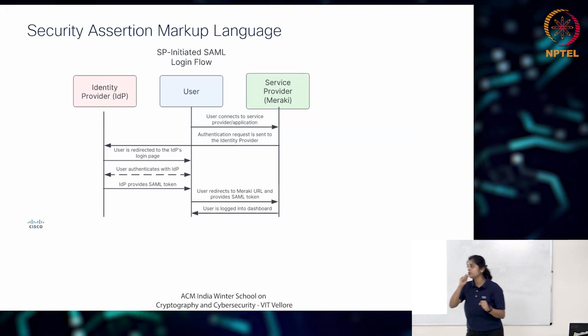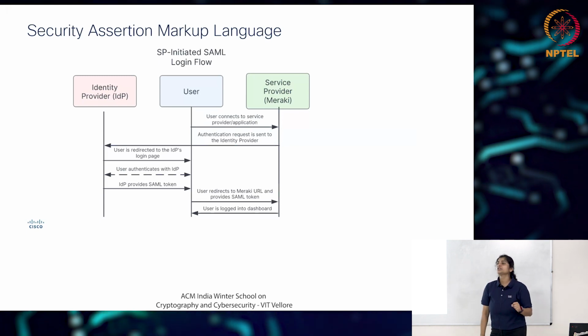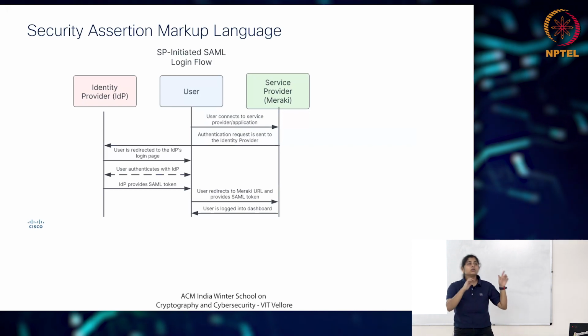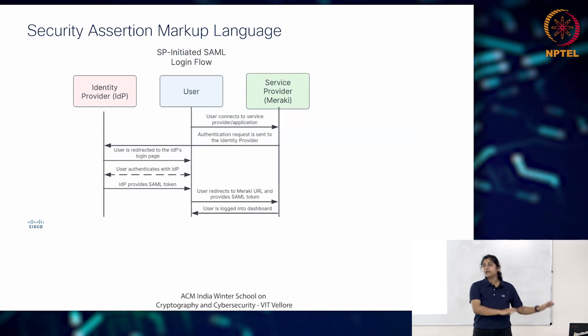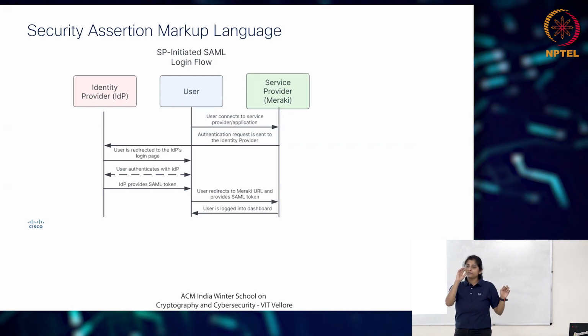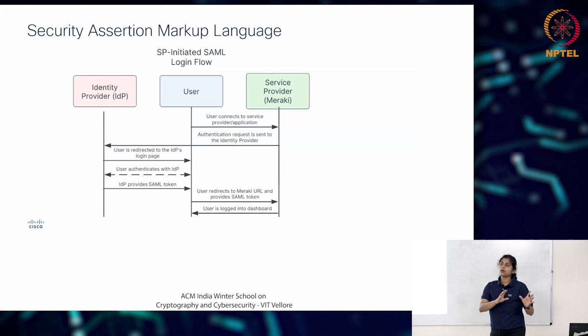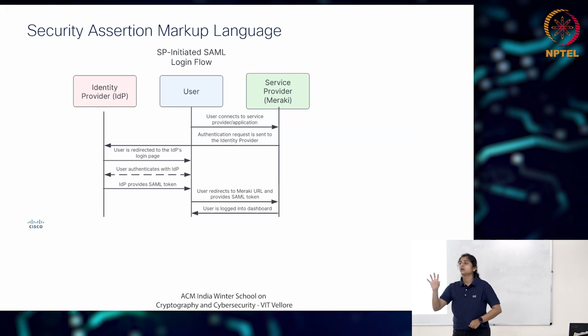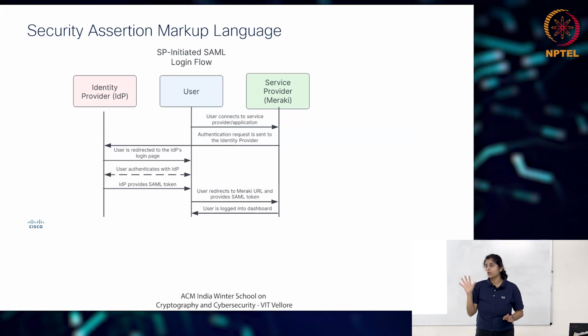So whenever, for example, you're a student here and you're trying to access a web page or a resource from VIT Vellore, VIT Vellore's system or admin can choose to give you access to one resource only if they want.